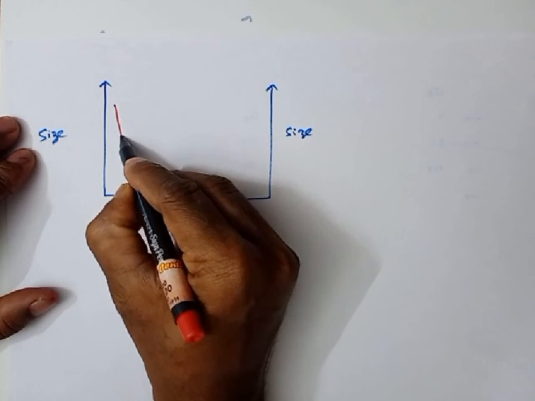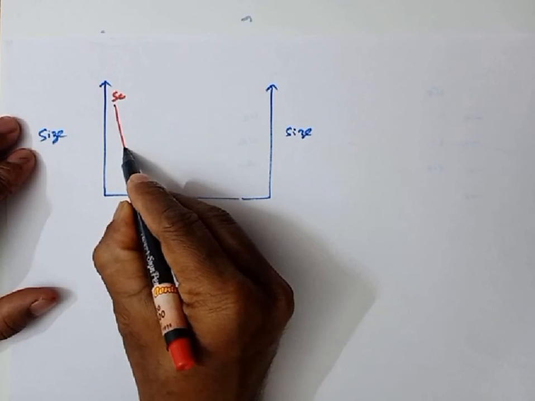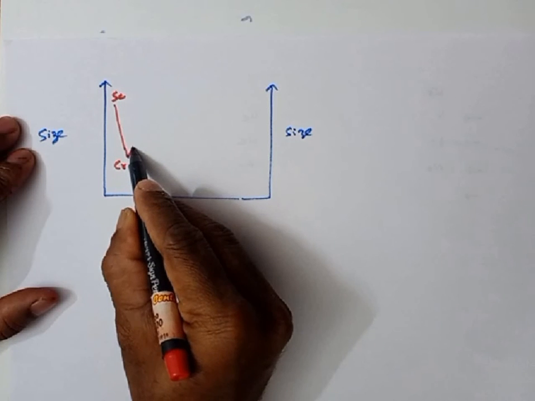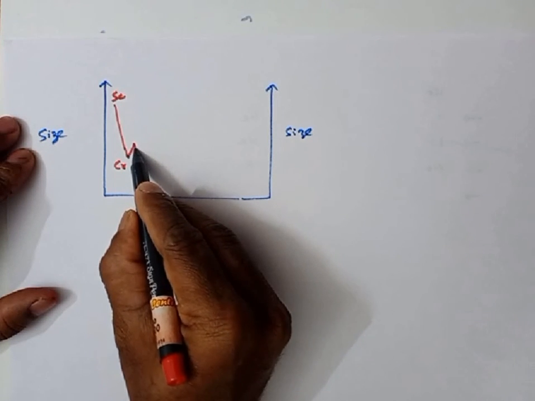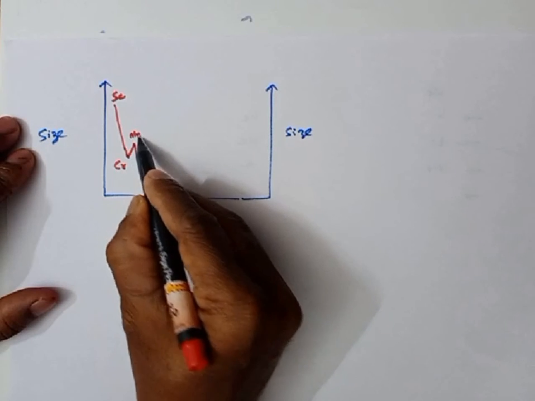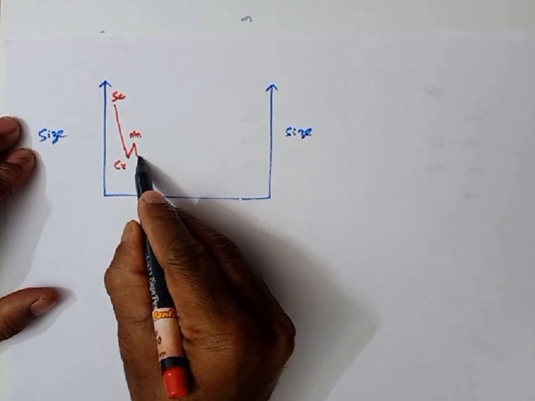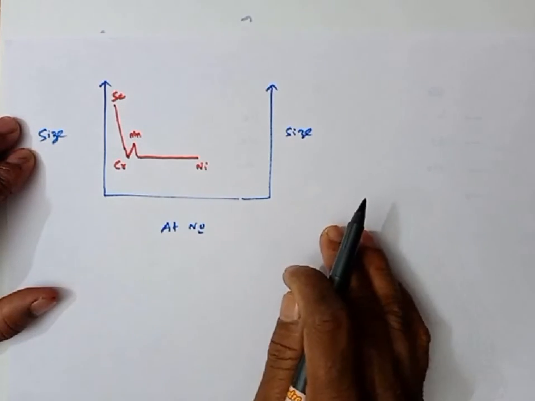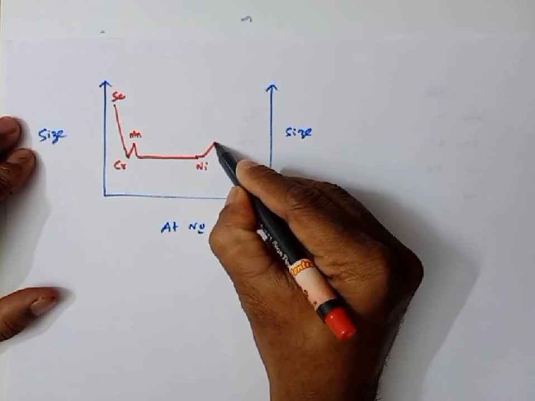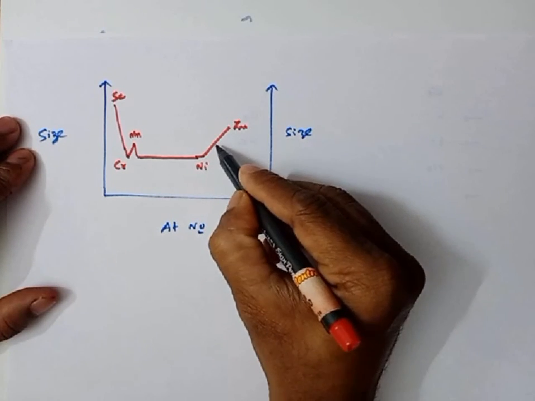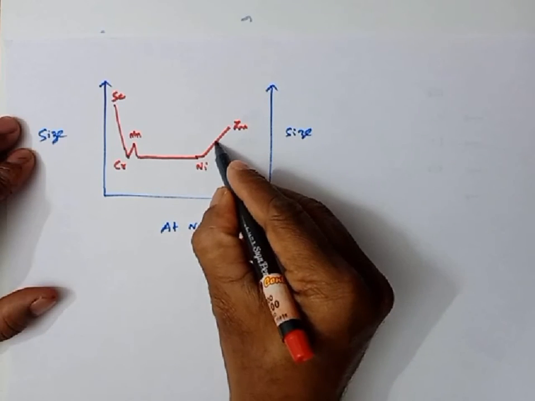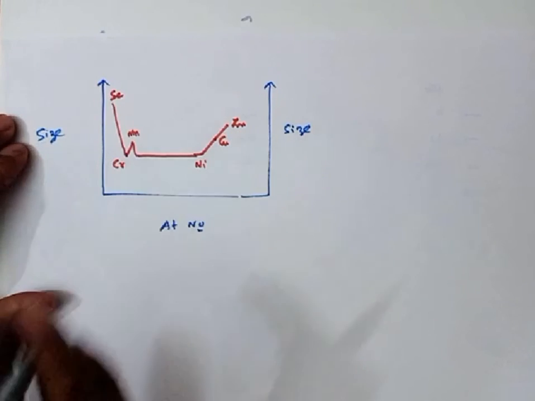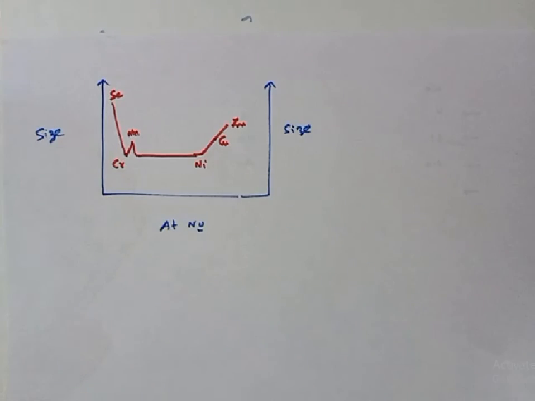Students, observe carefully: size decreases from scandium to chromium. After chromium, for manganese there is a slight increase in size. Then for iron, cobalt, nickel, the size is almost constant up to nickel. After nickel the size increases, for copper and zinc. This is for copper and this one is zinc. So I have shown it in a graphical manner. Keep this point in mind, very very important, student.